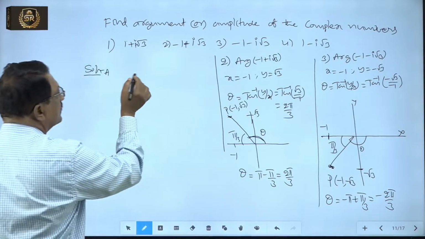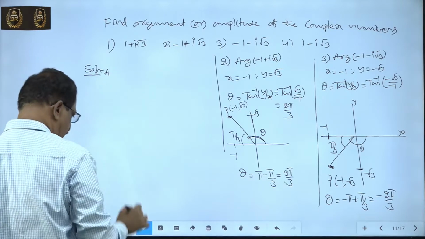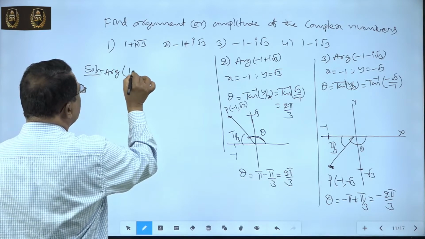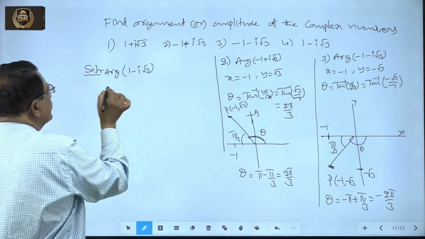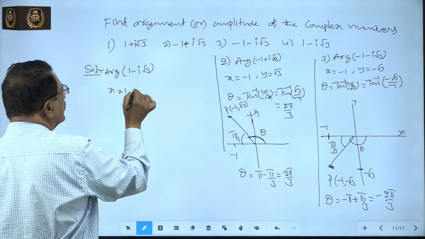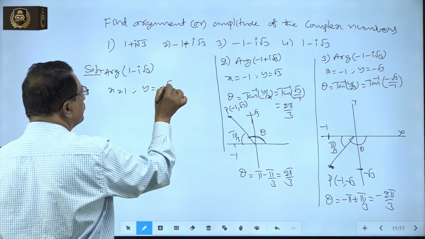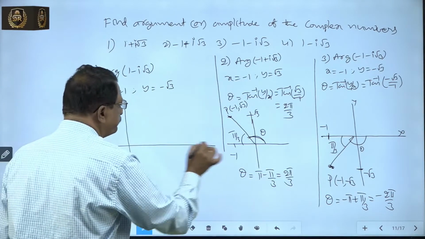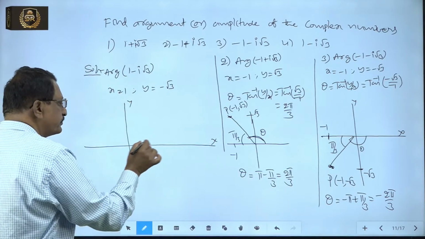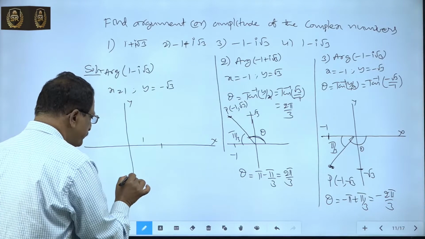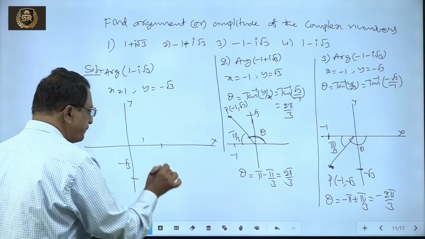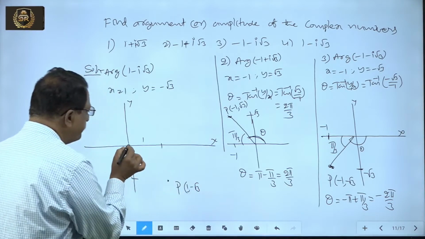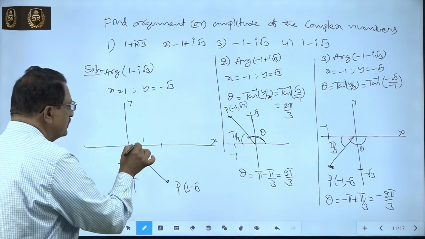Similarly, take the fourth one, argument of 1 minus i root 3. Here the real part x equals 1 and the imaginary part y equals minus root 3. 1 comma minus root 3 lies in the fourth quadrant, on the x axis and y axis. Here the point P is 1 comma minus root 3. We require only the angle theta.